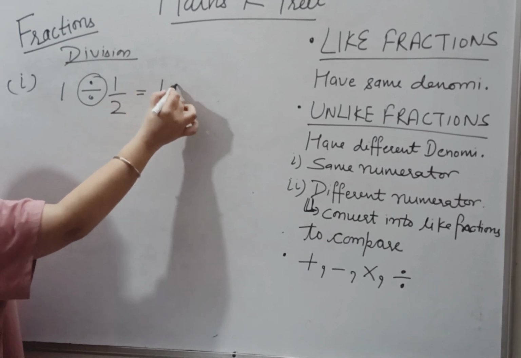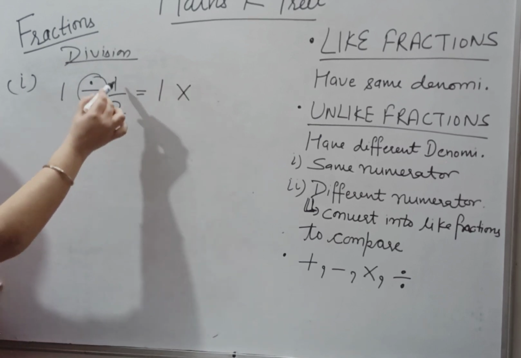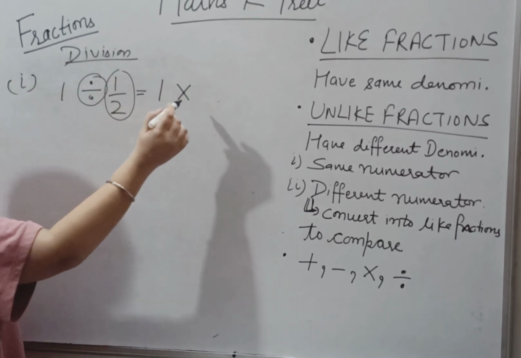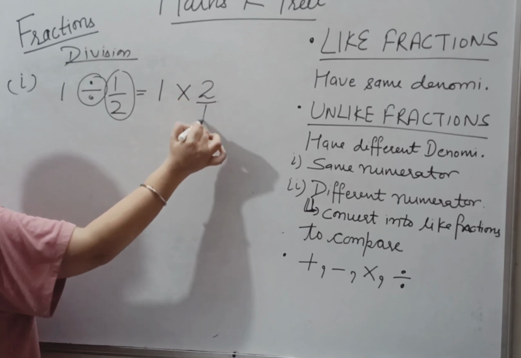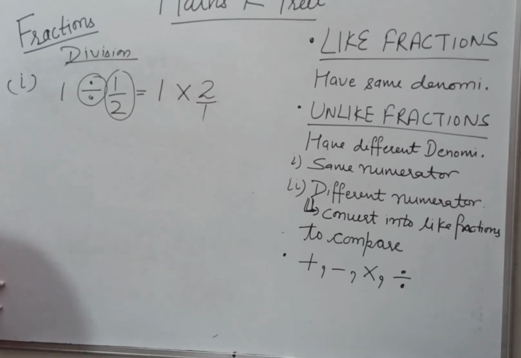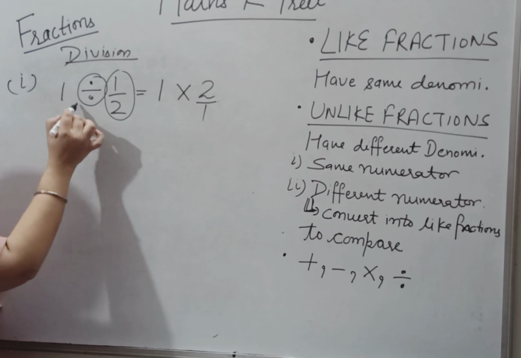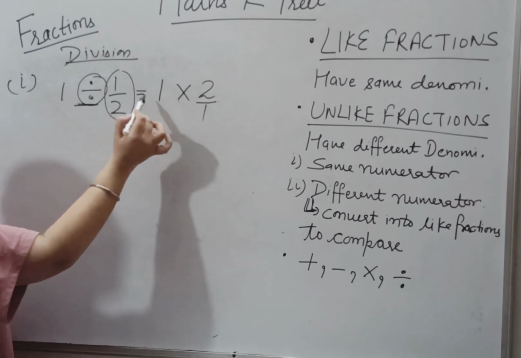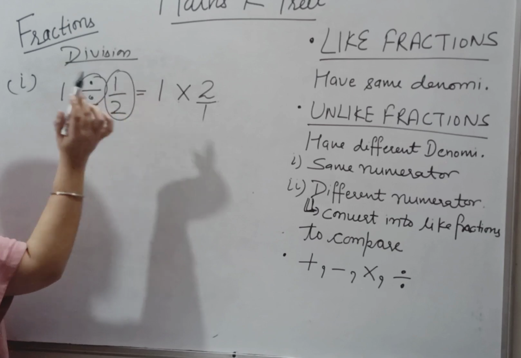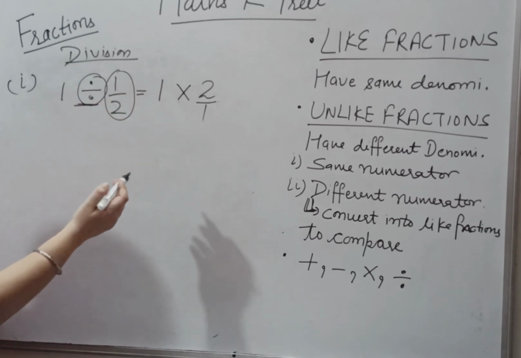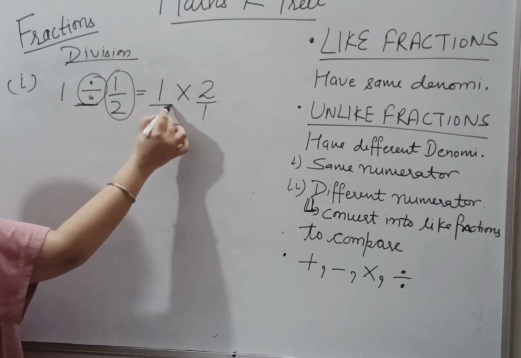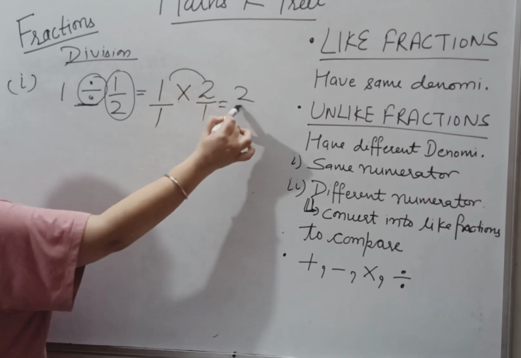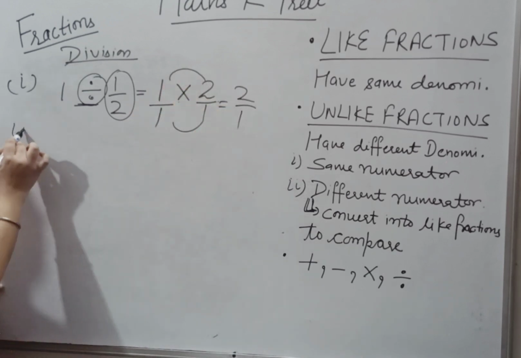But to make it into multiplication, the value of the second fraction will get reciprocated. So it will become 2 by 1. So when the question is in division, we are converting the division into multiplication and we are reciprocating the next fraction. Fine. So this is 1 by 1, nothing will change. So 1 into 2 is 2, 1 into 1 is 1.